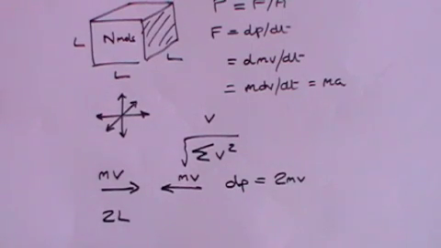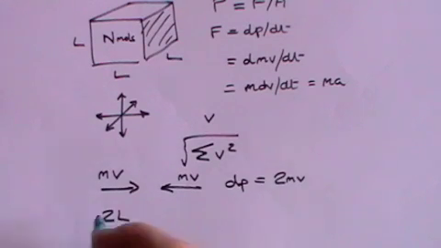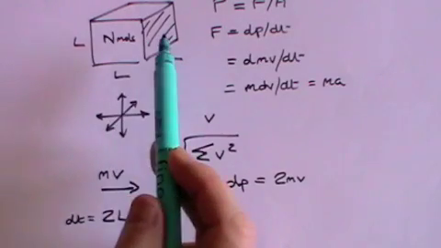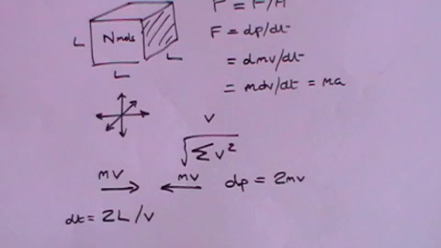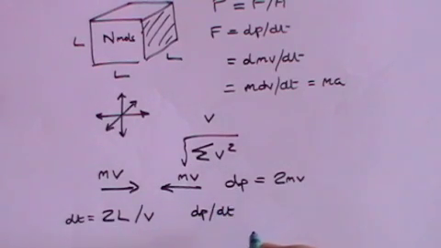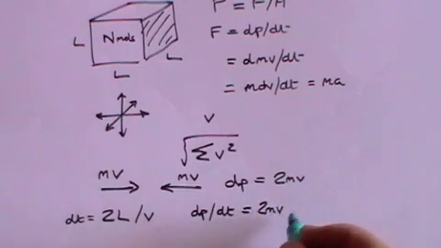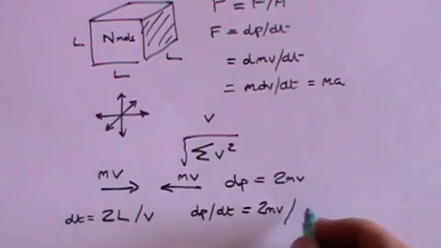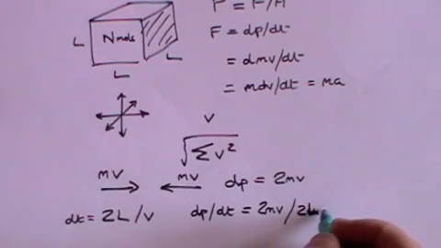But it's travelling at speed v, and therefore the time to travel there and back, the distance 2L, is 2L divided by v. And now we can write down that dp by dt, which is the rate of change of momentum, is dp, which is 2mv, divided by dt, which is 2L over v.